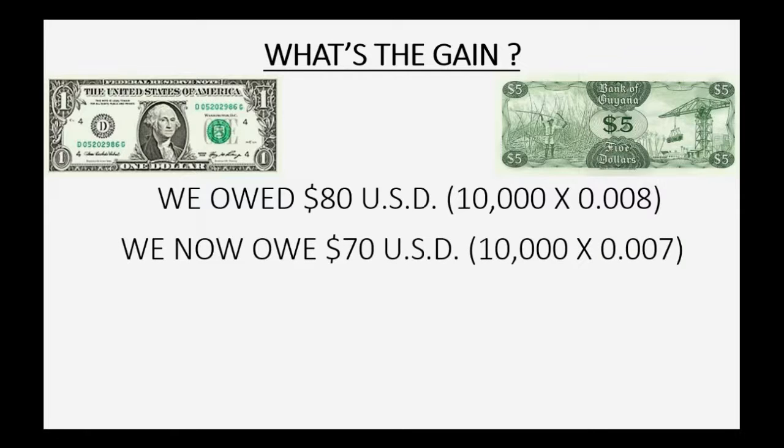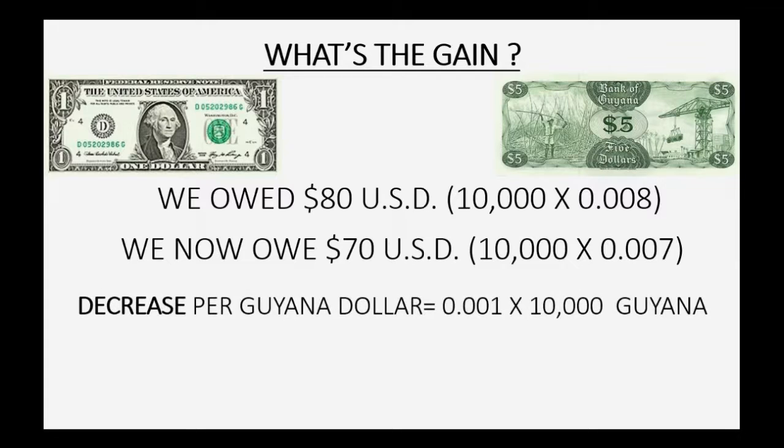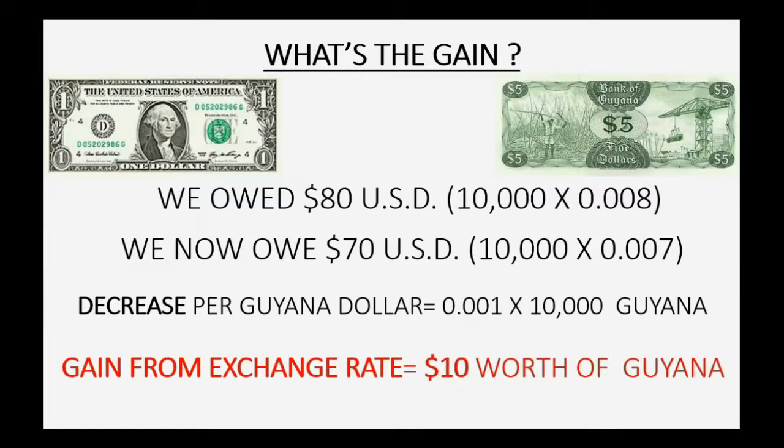But at the moment we pay, we only owe 70 US dollars because the 10,000 Guyana dollars that we owe are now only worth 70 US dollars. So the decrease per Guyana dollar is 0.001, and that means that when we go to pay this bill, we will have a gain of 10 US dollars because we actually owe $10 less from the moment we owed the money till the moment we paid as a result of the exchange gain.